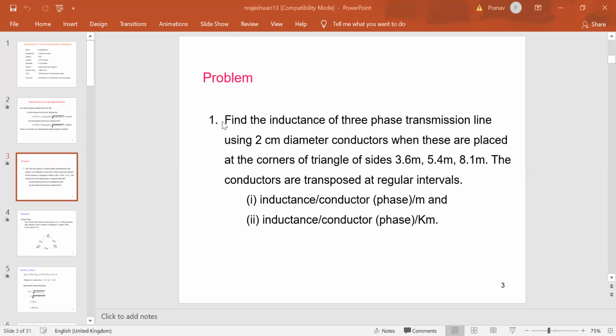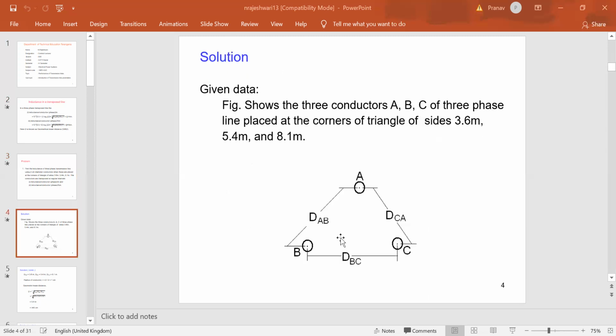In this, first we have to write the given data in the problem. They have given that 2 centimeters is the diameter, and 3.6 meters, 5.4 meters, and 8.1 meters are the three spacings.